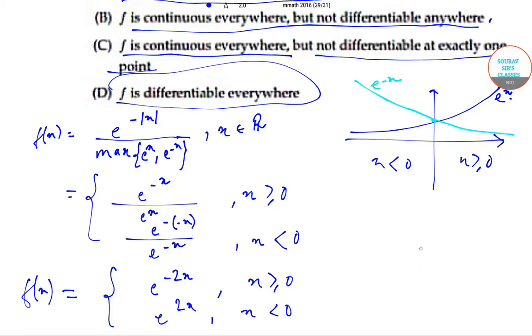Now if we try to draw the graph of this function f(x), for x greater than 0, f(x) is defined by e^(-2x), and e^(2x) for x less than 0.